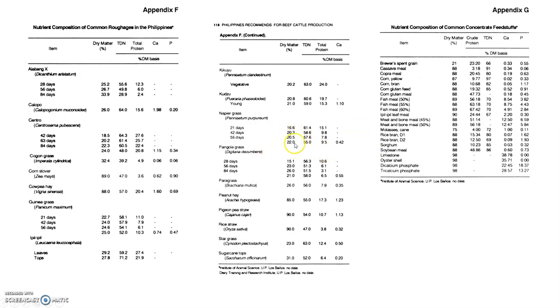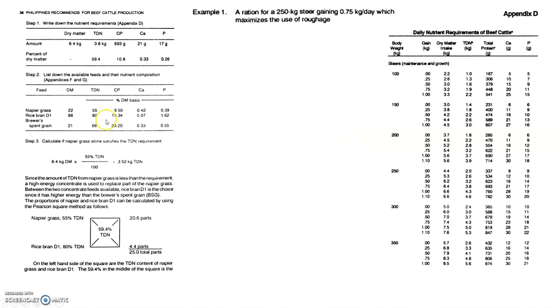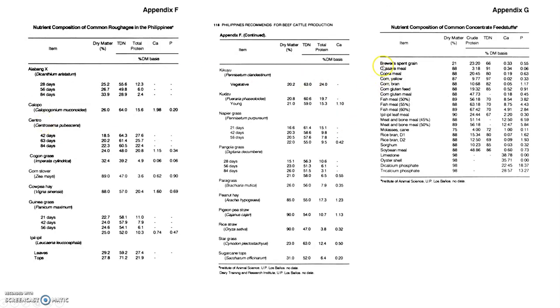The average, I think, has a dry matter of 22%, TDN of 55 on a dry matter basis, and crude protein of 9.5, and 0.42. So in the example here, that is Napier. And then they have rice bran D1 and brewer's spent grain available as concentrates. This is the brewer's spent grain.